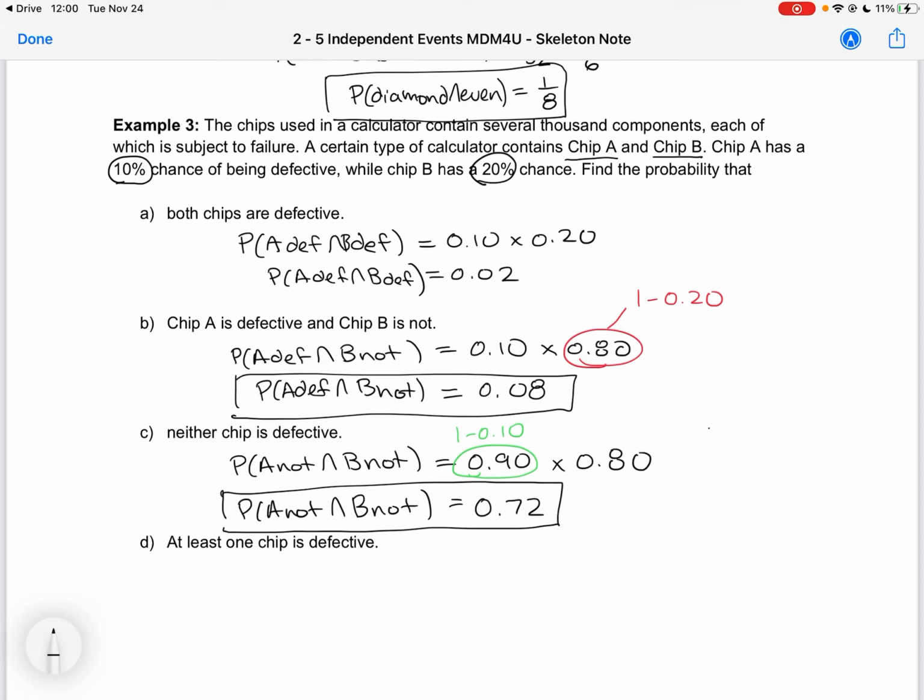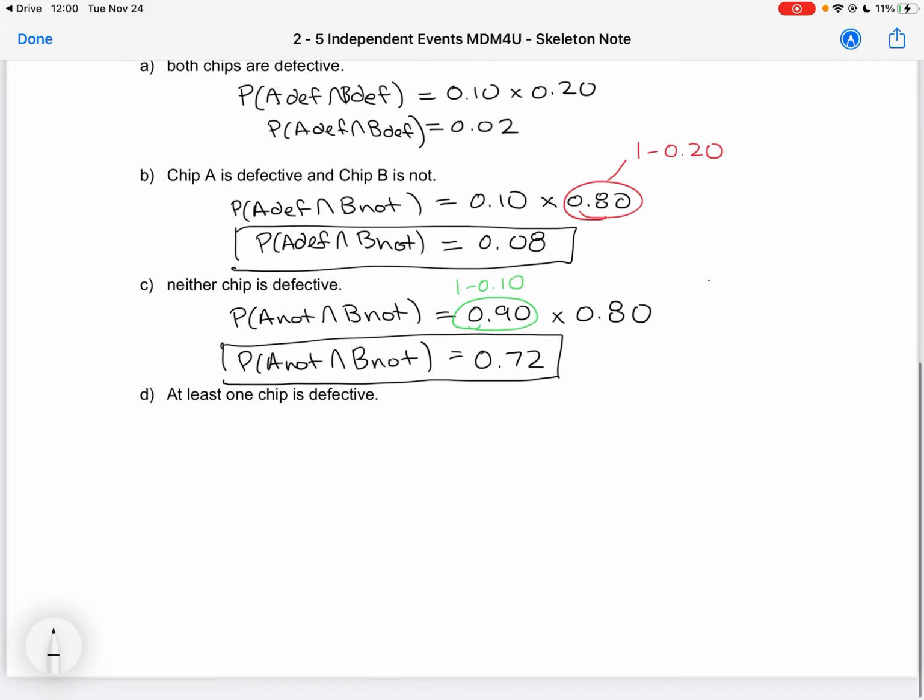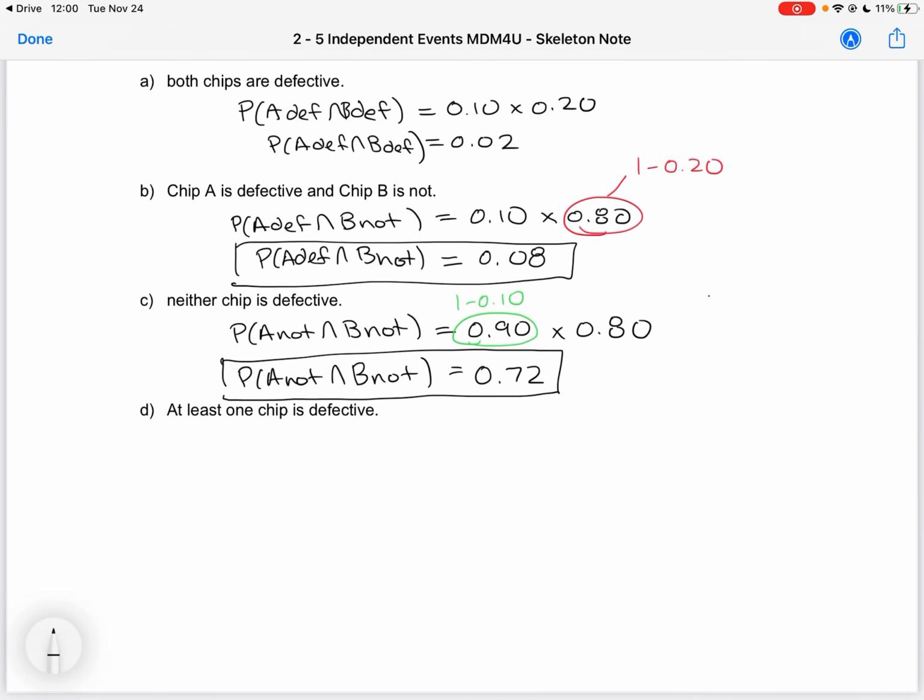Okay. The last example that we're going to look at is the situation where at least one chip is defective. So there are 2 ways to do this. One is you could start by saying, at least one is defective. You've got 3 possible situations.